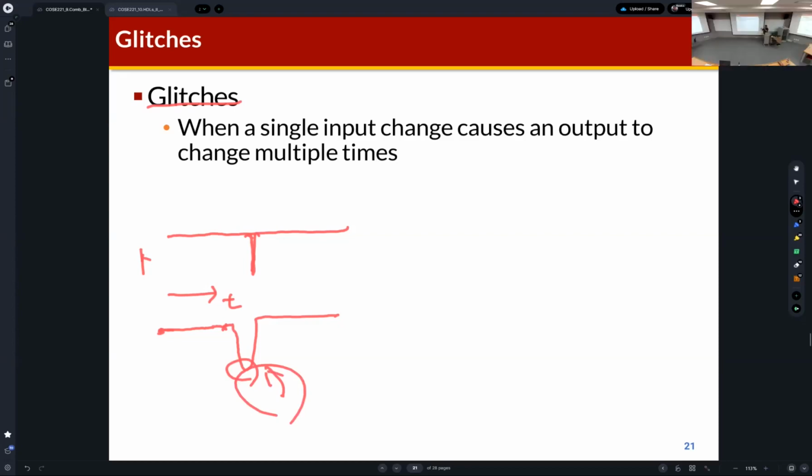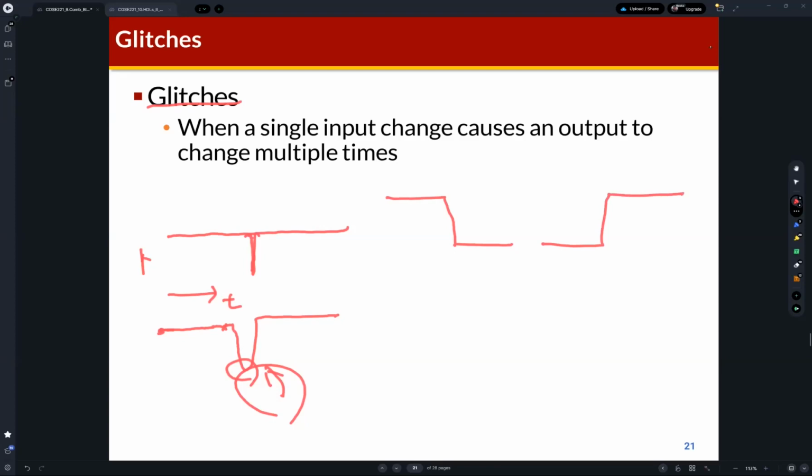Actually, we expect that the output signal of a combinational logic will change like 1 to 0 or 0 to 1. Once a value is changed, the changed value is kept for some time. But a glitch means that the value of the output signal changes like this.